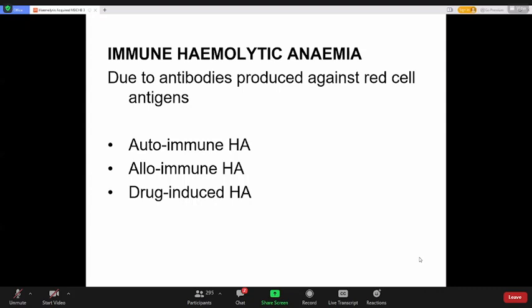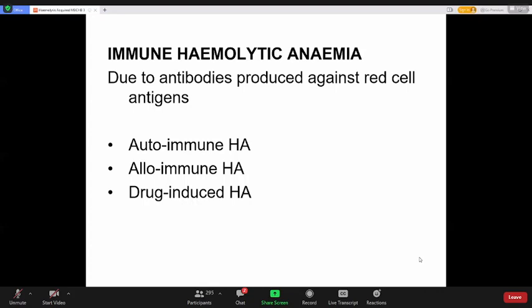So one of the side effects, when you do your pharmacology, of some of the drugs is that when a patient is taking drugs, for example, for some other condition, and a good example of this that I can give is a common drug that is used in the treatment of hypertension, and this drug is called methyl dopa.